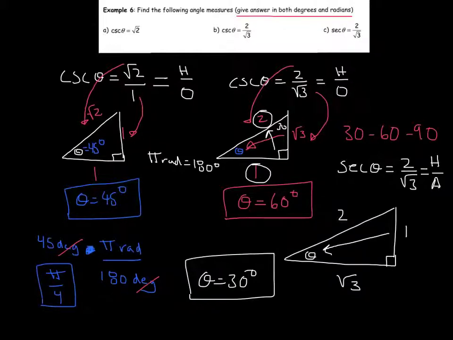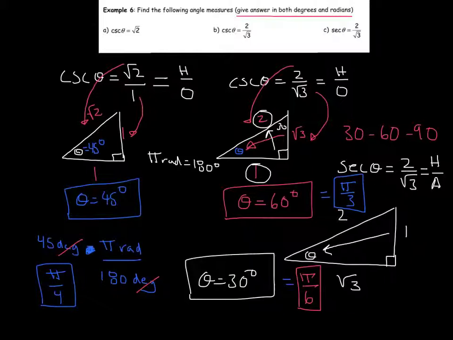All right, let's go ahead and do 60 and 30. Why don't you stop the video and do 60 and 30. All right, so 60 is going to end up being pi over 3. And 30 is going to end up being pi over 6. You say, well, how do you get that so fast? Well, here's a little shortcut. What is pi?